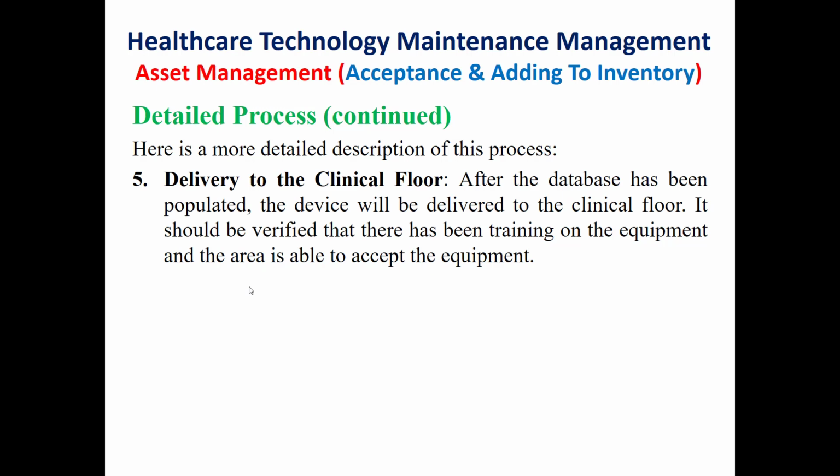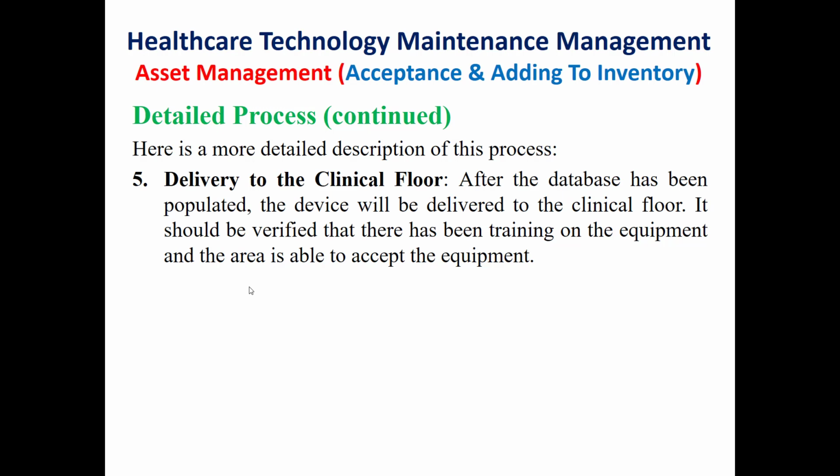So the steps in the acceptance testing and adding to inventory are five steps. Firstly, a general check-up for damage and the requested parts and consumables will be made. The second step will be the check-up for the preventive maintenance inclusion or exclusion.